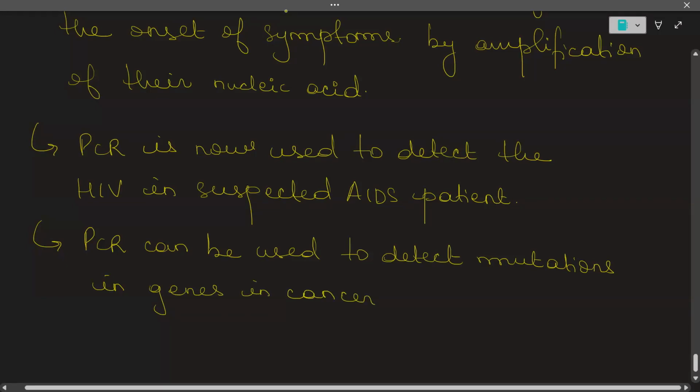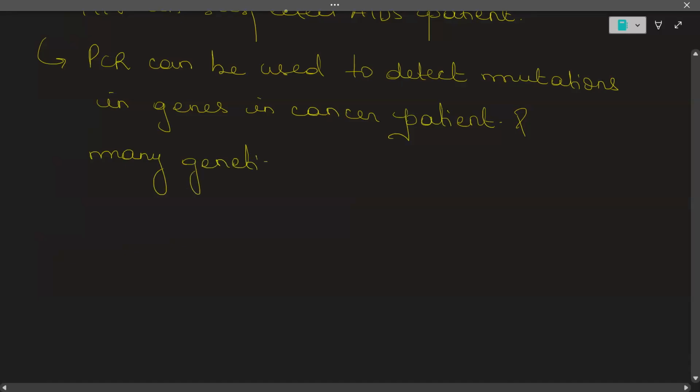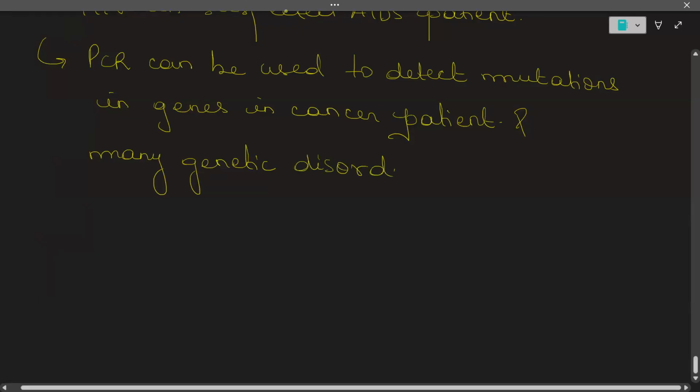So, it can be detected, like it can be, you can say, used to detect the cancer in some people also. Okay, so this is like for many cancer also and many genetic disorders. So whether it is a bacterial disorder, viral disorder, cancer, HIV, all of these and many genetic disorders can also be detected by the help of PCR.